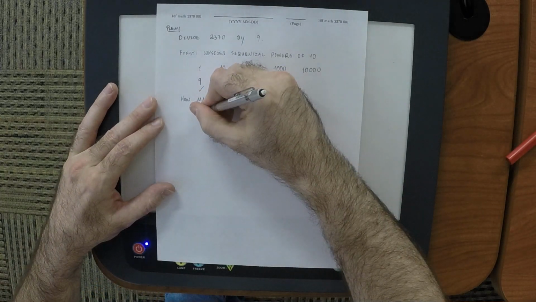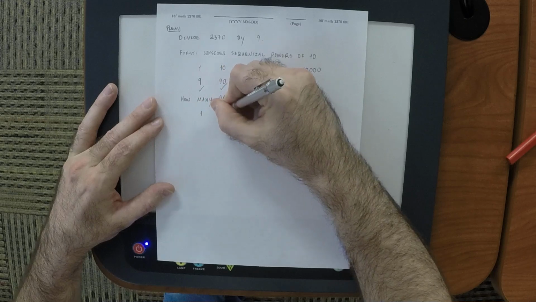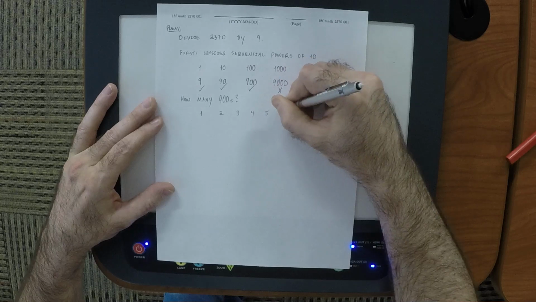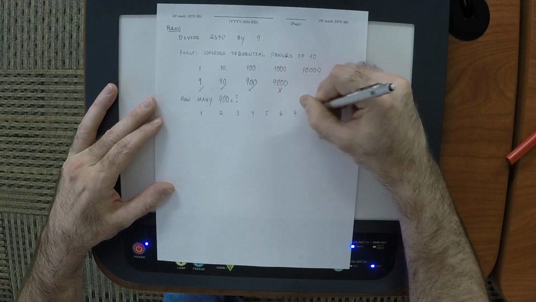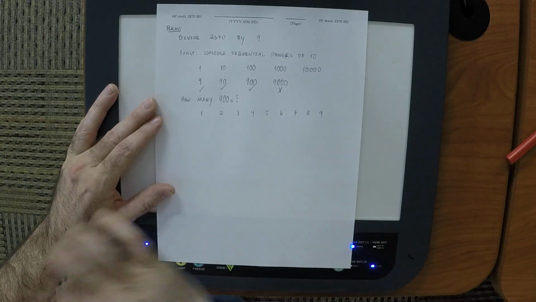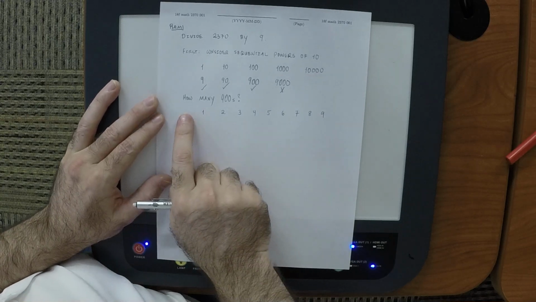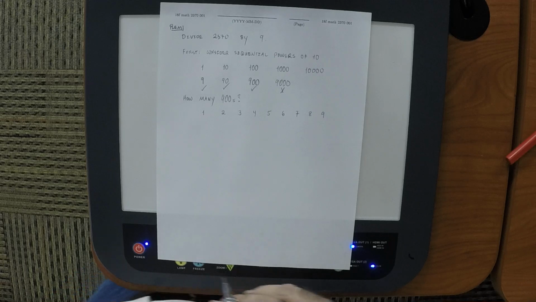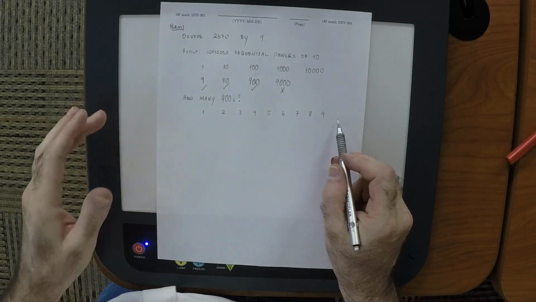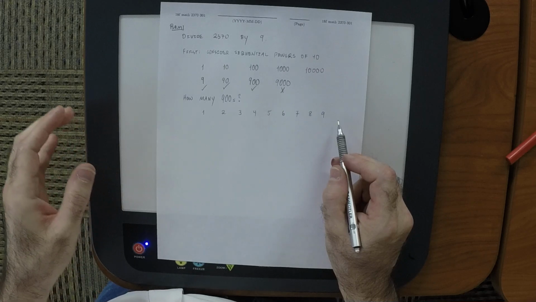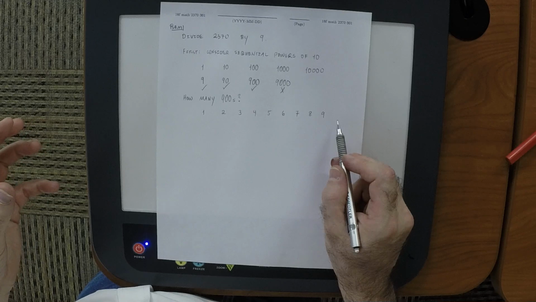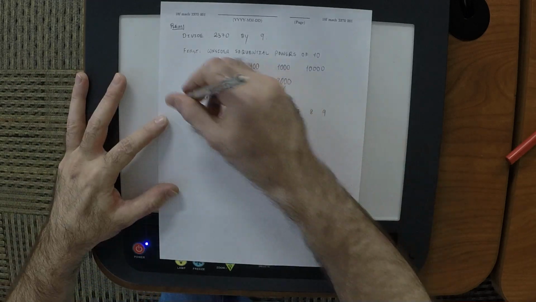So the question is, can we take 1, 2, 3, 4, 5, 6, 7, 8, or 9 900s? I don't need to write 0 because we already established we can take at least one 900. And I don't need to go on to 10. Why not? Because that'd be 9,000, and we already established that we can't take 9,000.